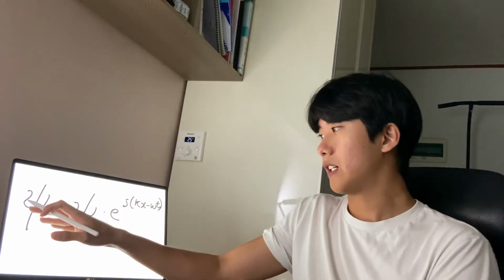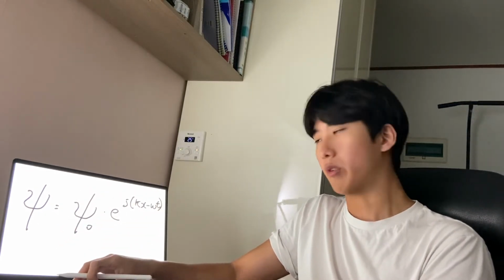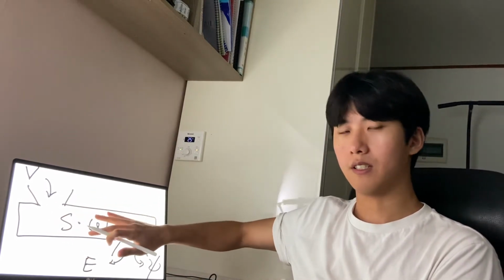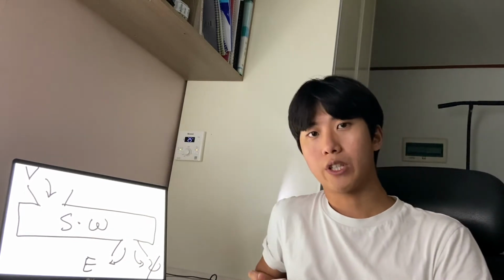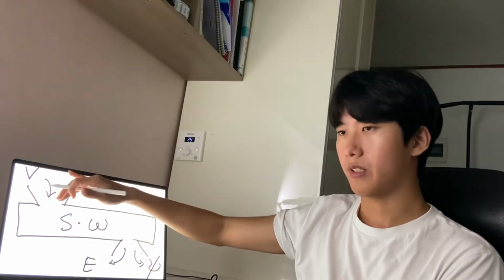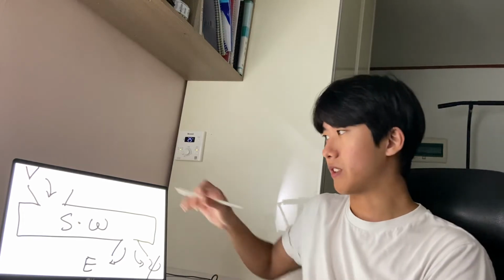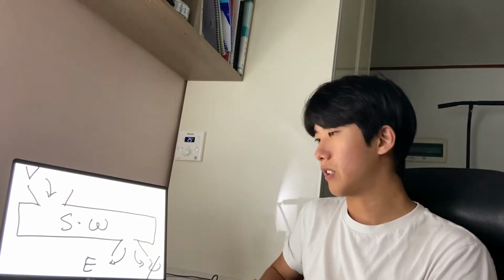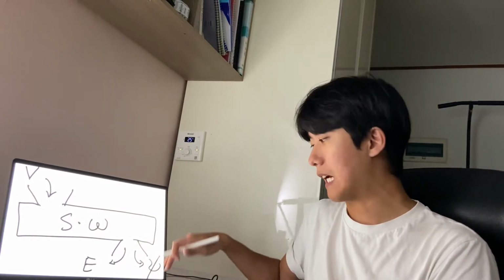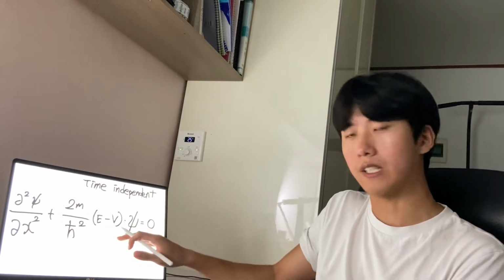So this is the wave function for a sinusoidal formula, and this is the Schrödinger equation system. We put in the potential energy, and we can get energy and wave function as output, and the system's formula is like this.